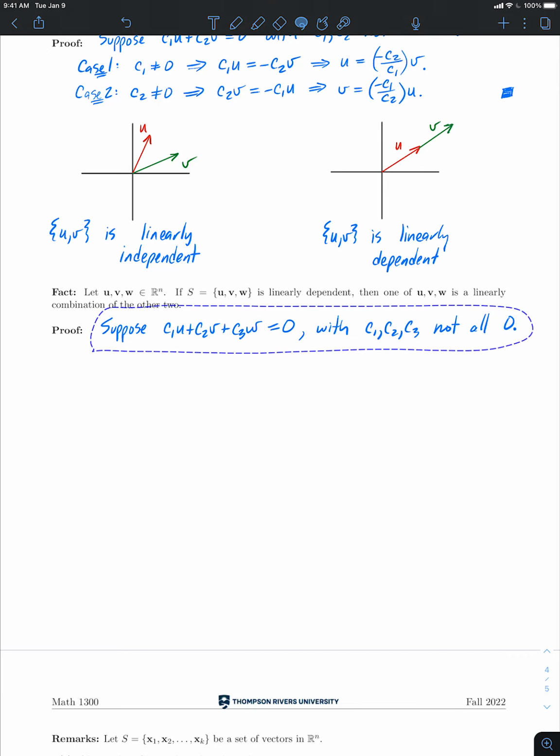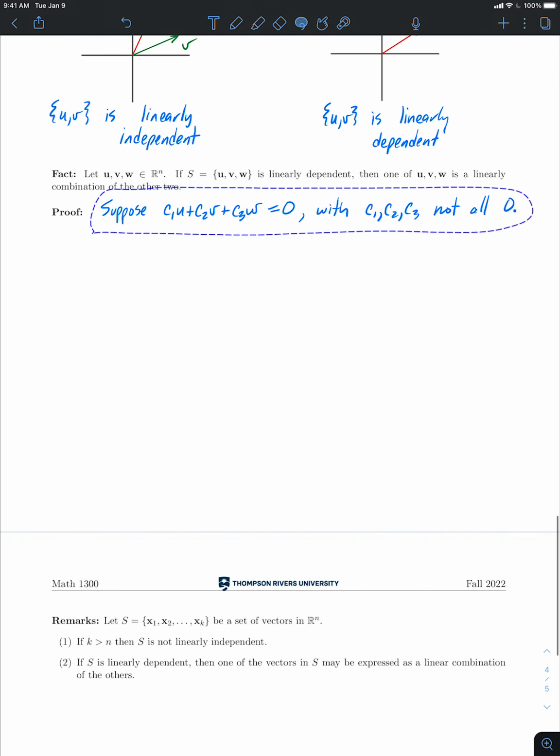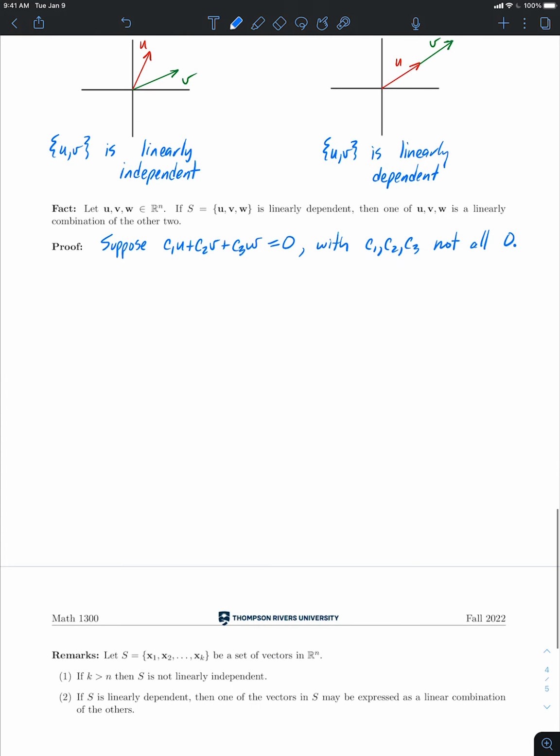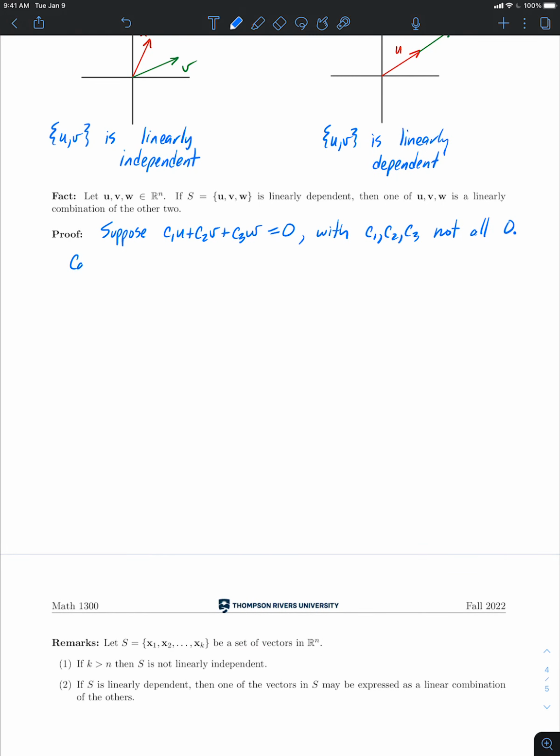Okay, so from there we have to show that one of them is a linear combination of the other two. Well, you can do this in the same fashion as before. Consider cases, right? You know at least one of them is non-zero. So simplify things by considering cases. So case 1 would be that C1 is not equal to 0. Well, if that's the case, then we can say, okay, C1u is equal to negative C2v minus C3w.